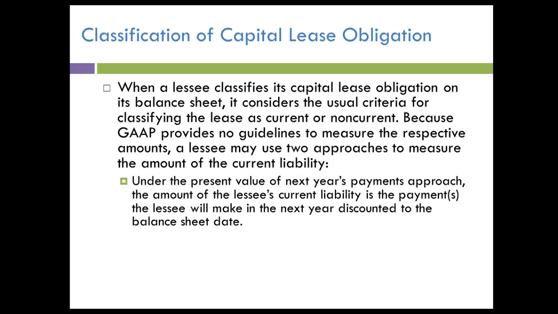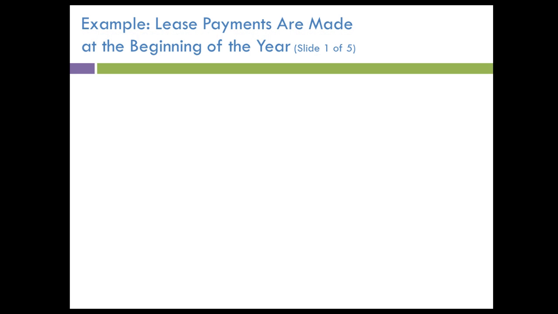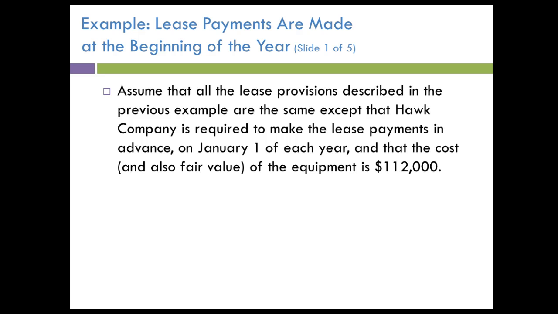Under the present value of next year's payment, the amount of the lessee's current liability is going to be the payment the lessee will make in the next year discounted to that balance sheet date. Or they can do a changed present value approach. The current liability is the amount by which the total balance of the lease liability is going to decrease in the next year.